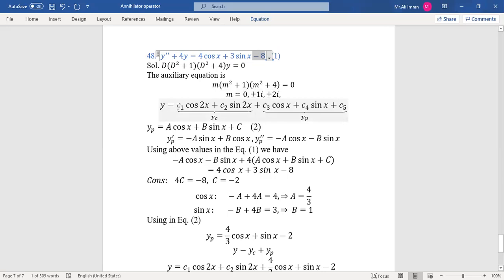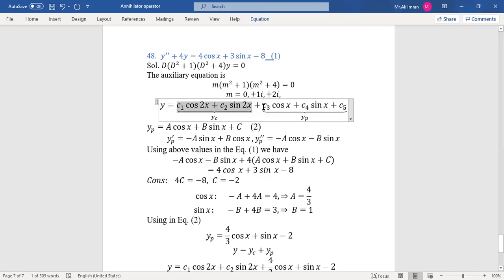And we can write the solution c1 cos 2x plus c2 sin 2x. This solution occurs due to the homogeneous part, and we have denoted this with yc. And for the non-homogeneous part, we have c3 cos of x plus c4 sin of x plus c5.